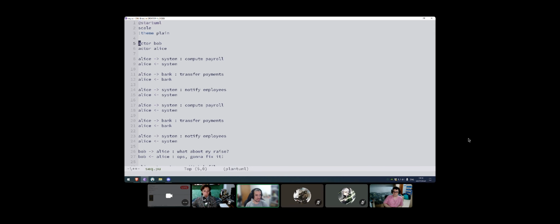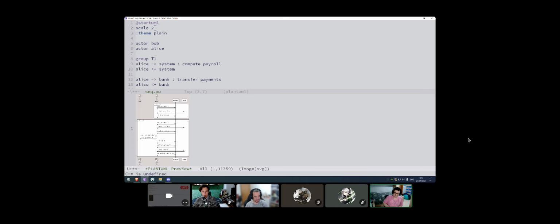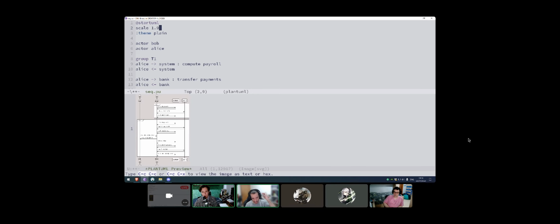Oh yeah, I know what's wrong. Wow, is that a preview of a diagram in Emacs? Yes. Actually, it's just opening an image, rendered with PlantUML. It's running a command that does it via shell. Okay, that's still cool.